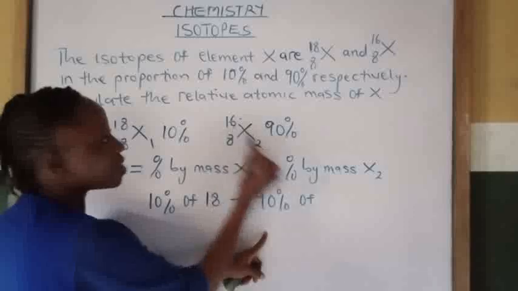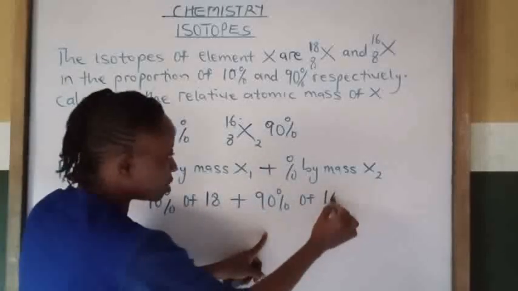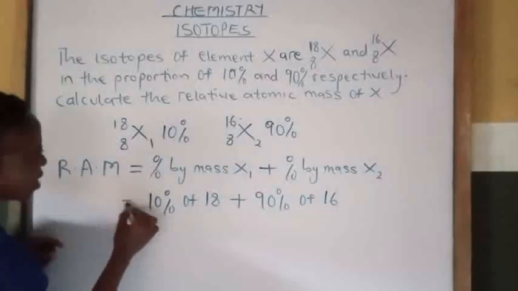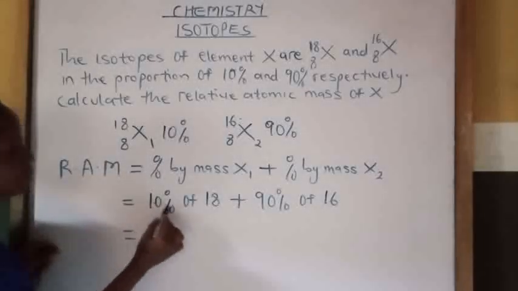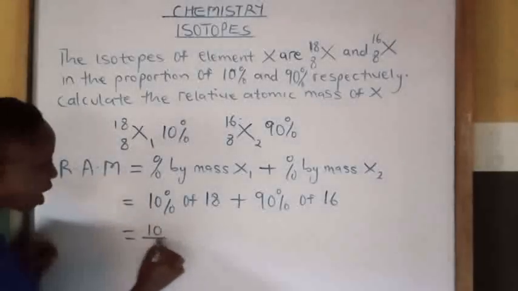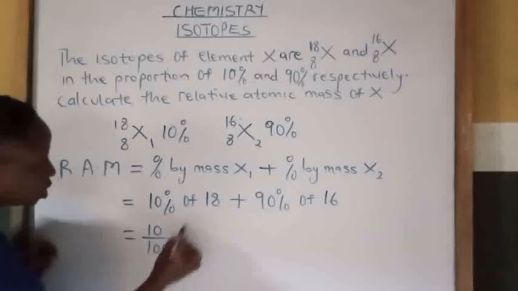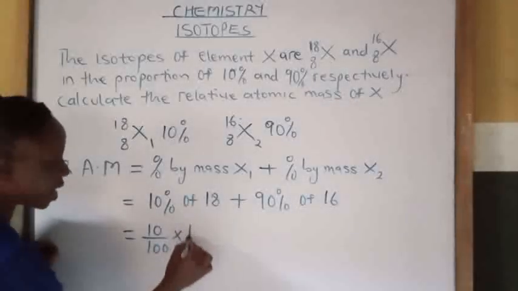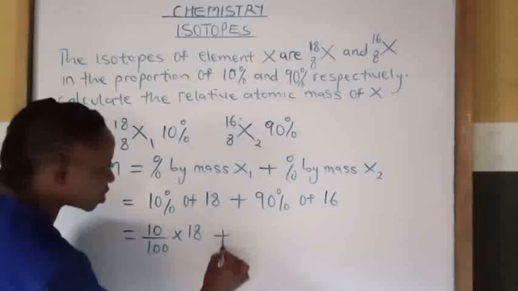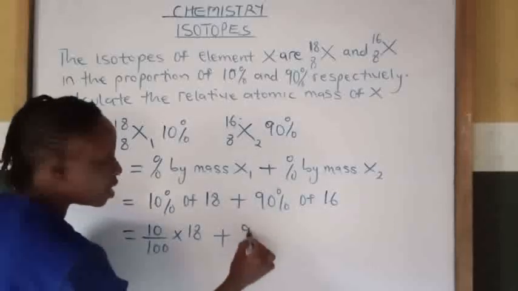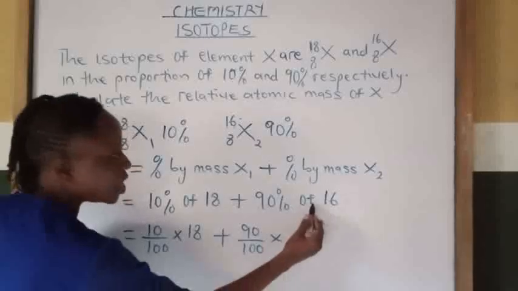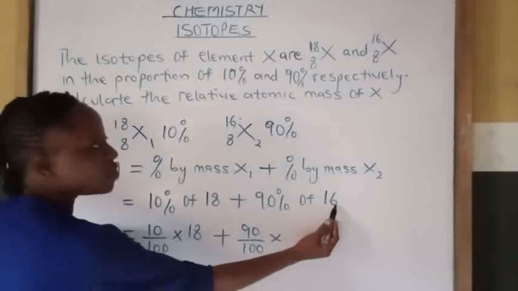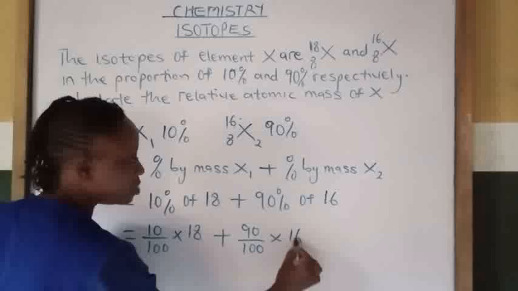So our relative atomic mass will now be equal to 10% means 10 over 100, times 18, plus 90% means 90 over 100, times the mass number of the second element, times 16.